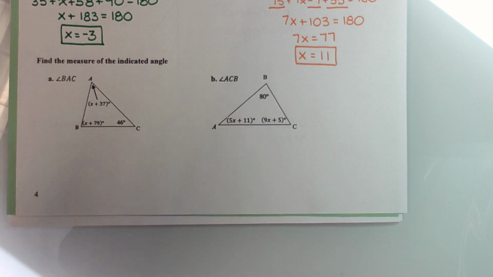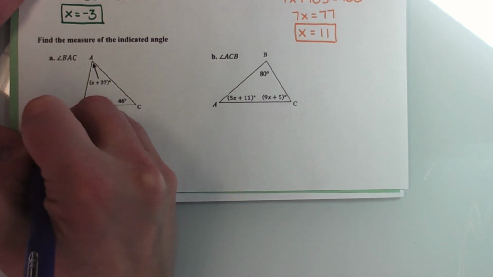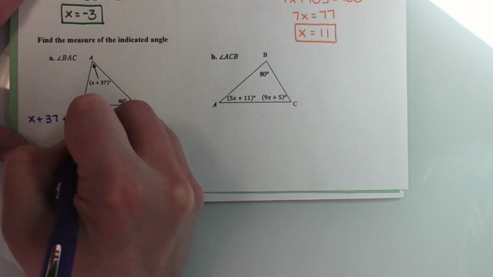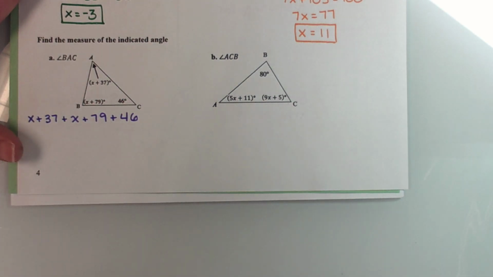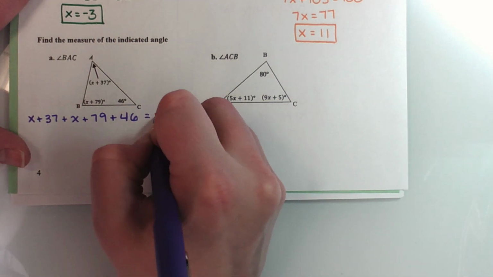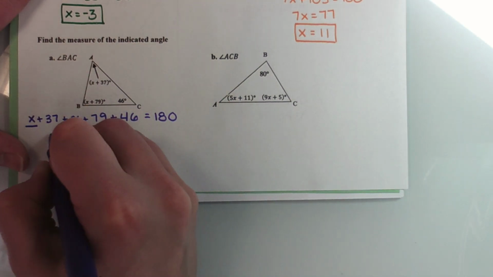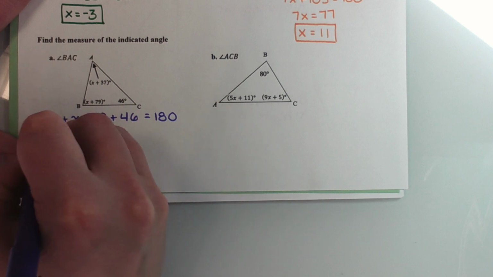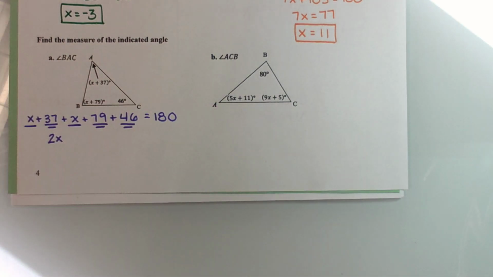Plug it back in. So I start the same way. X plus 37 plus x plus 79 plus 46. Make sure you get all three angles. Equals 180. X plus x, 2x. 37 plus 79 plus 46. I don't know that.